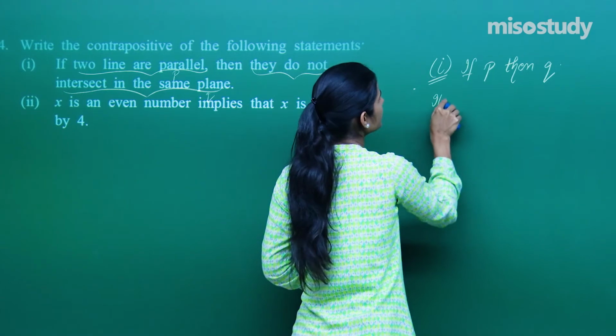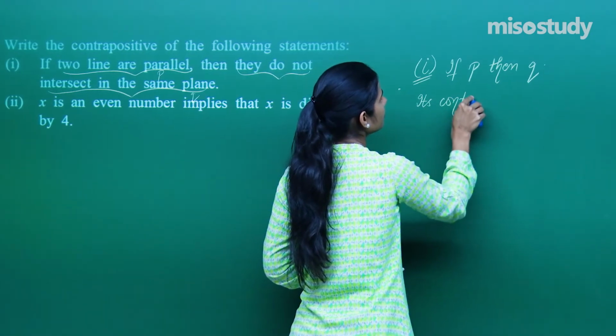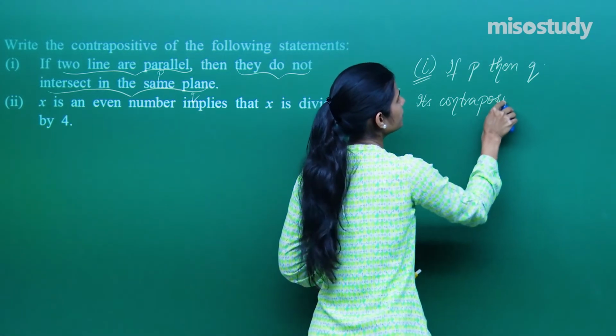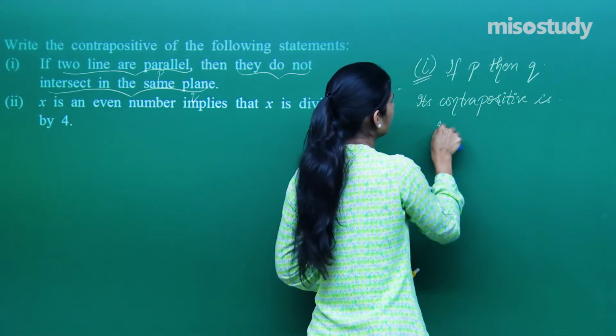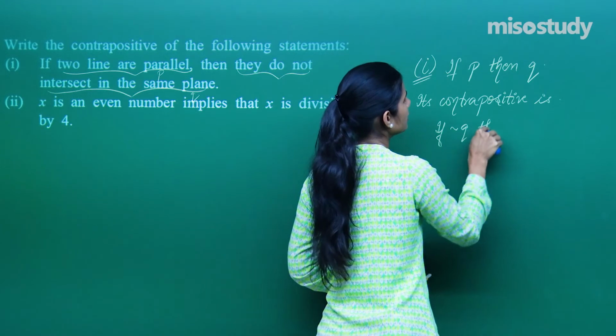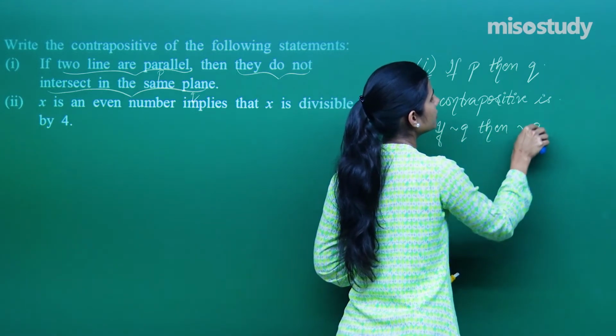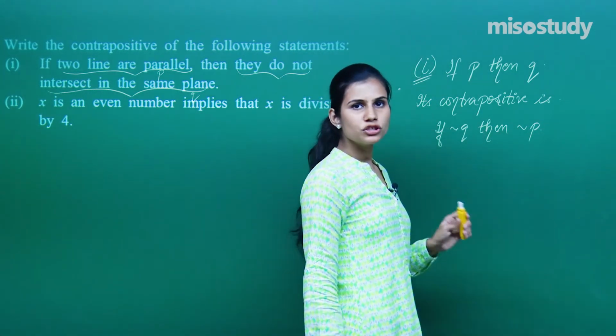You have your first statement given to you as an if-then implication, if P then Q. Its contrapositive is if not Q, then not P. If you know P and Q, that means you know not Q and not P as well.